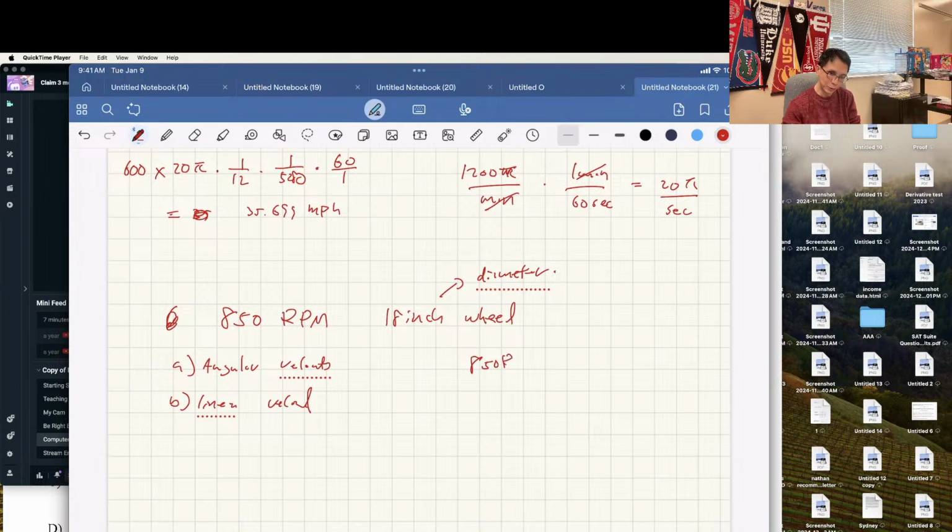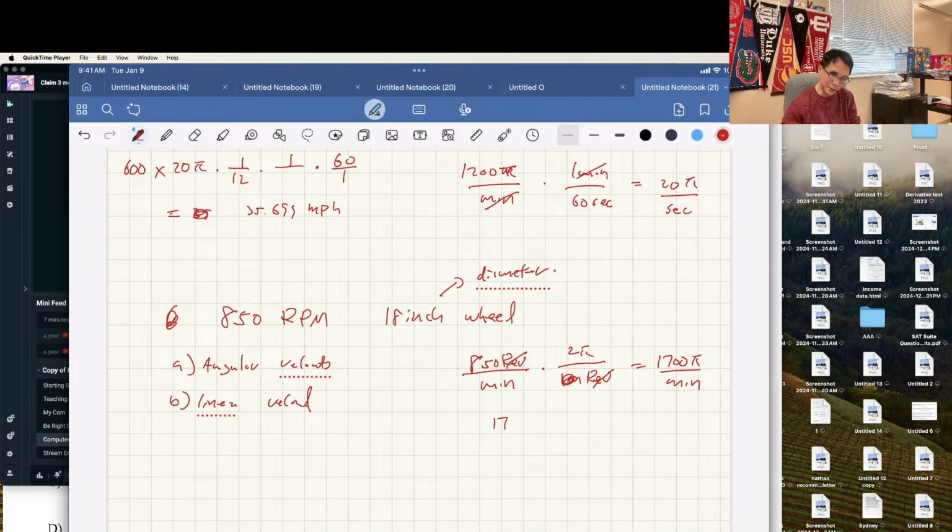So revolutions per minute. If you want to find out angular velocity, it's going to be 2 pi radians per revolution. So this just cancels out, and that's going to give you 1700 pi per minute. Does that make sense?